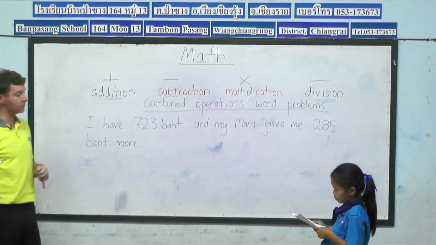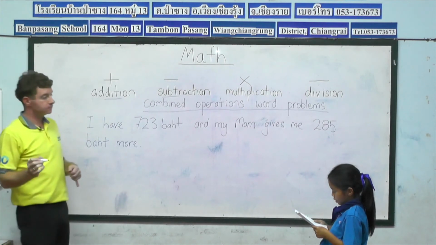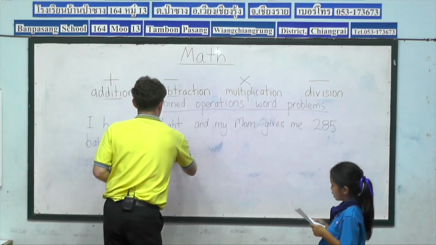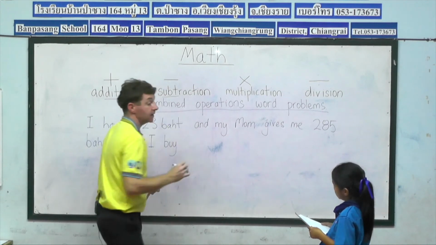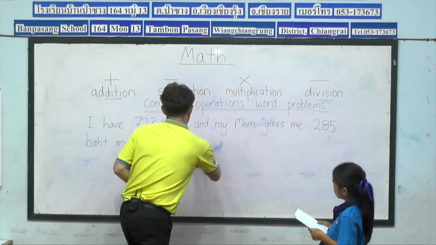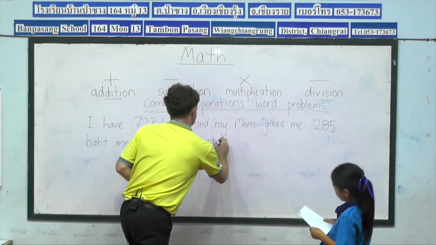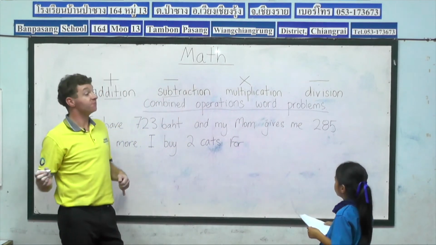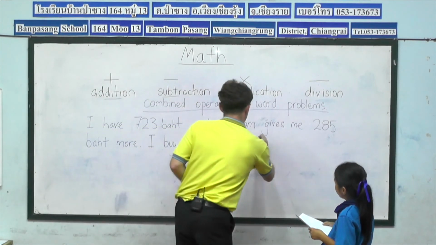Okay, and now the next part. I buy 2 cats for 500 baht. Okay.